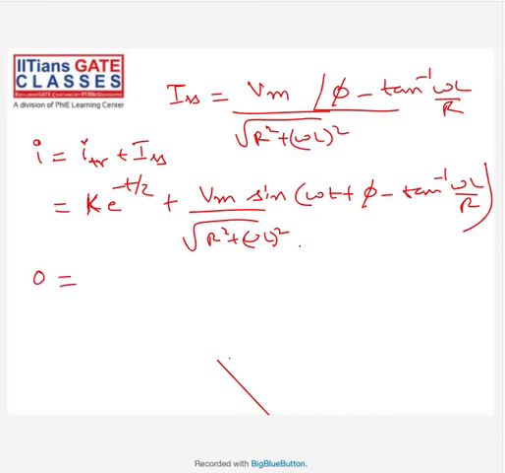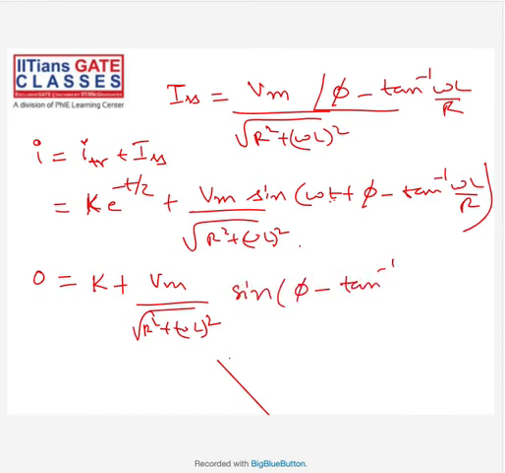So 0 is equal to, at t equal to 0, e power 0 is 1, so k plus Vm by root of R square plus omega L square into sine of phi minus tan inverse omega L by R.